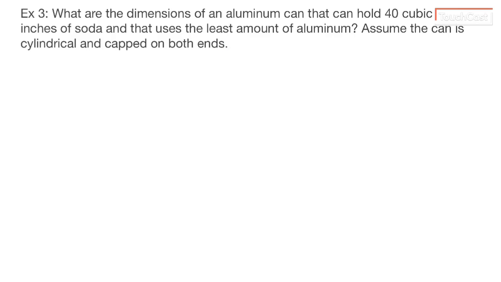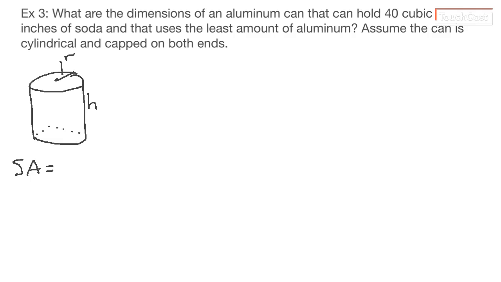Now, think back to when you were learning geometry. A cylinder is a three-dimensional shape with circles for bases. Those circles have a radius, and that cylinder has a height. There's a formula for finding the surface area.